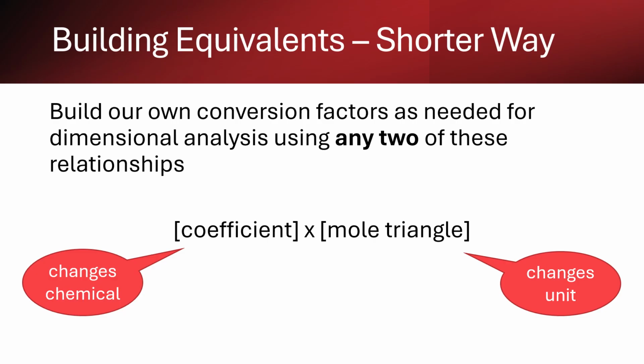I'm waving my hands a little bit here, and it doesn't strictly break down that way, but taking the product of the coefficient and the quantity from the mole triangle in relation to the second part where we take another coefficient and another quantity from the mole triangle, those combinations are what really change both the chemical and the units simultaneously.